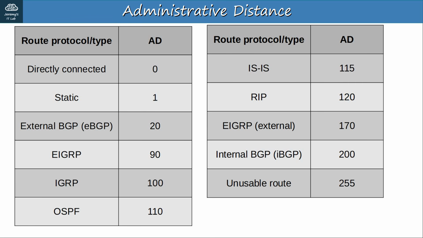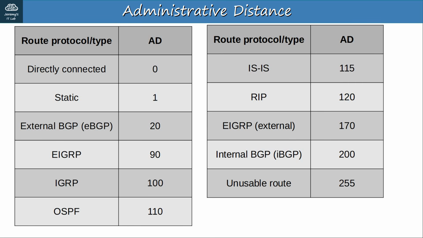Ready for some memorization? These are the administrative distances of the most common types of routes. I highly recommend you use the flashcards to remember these. I would be surprised if you don't get a question on the exam like, two routes to the 10.0.0.0/24 network are learned, one from OSPF and one from EIGRP. Which route will be entered in the route table?